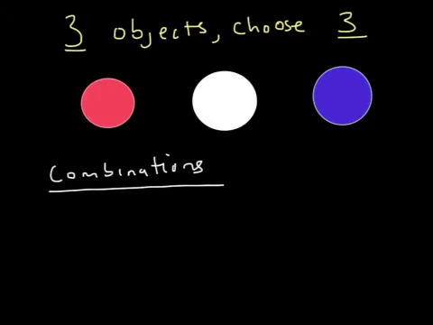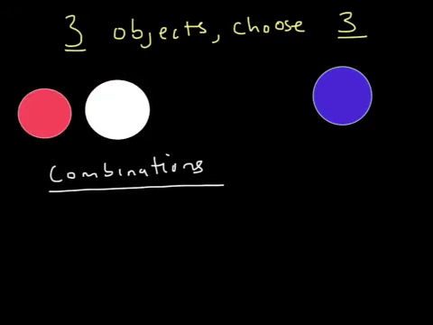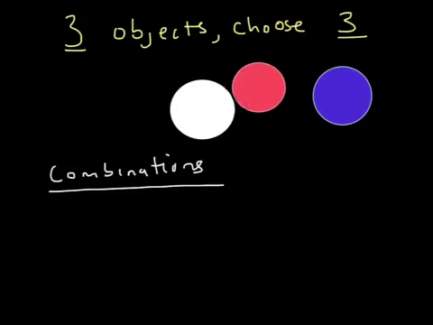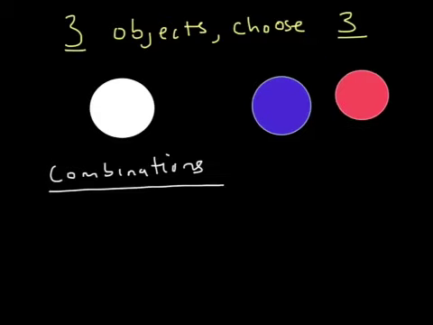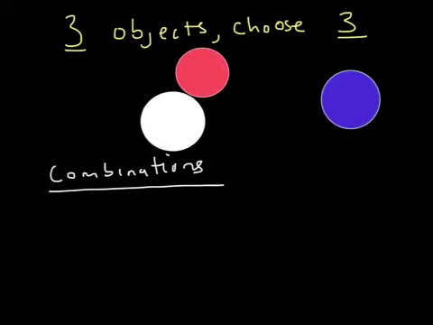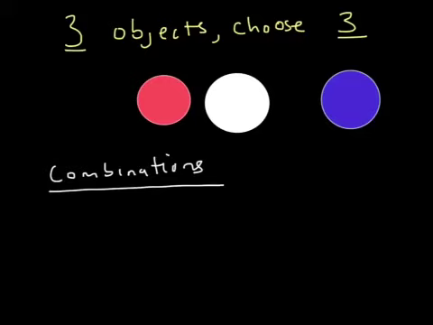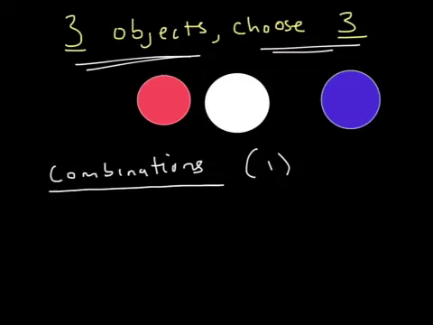Well, remember, whether it's red, white, blue, or white, red, blue, or white, blue, red, the order in which we're arranging these doesn't matter. It's just that I have three of them. So, given these three objects and choosing three, the number of combinations that I can do is just one.